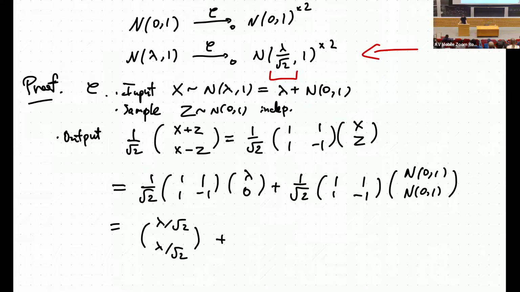So I heard 2 times Gaussian with 0, 1, 0, 1. So I think it's close. So I claim that this is, again, exactly a pair of standard Gaussians.